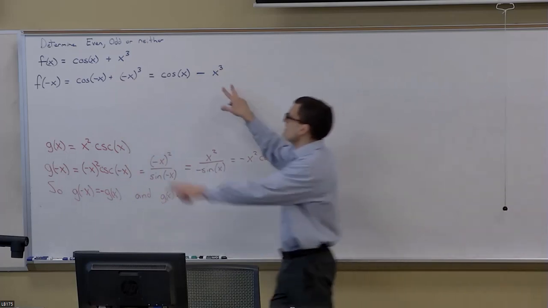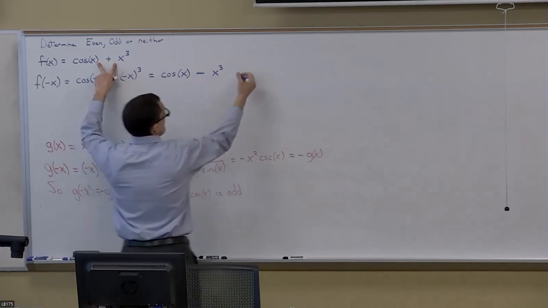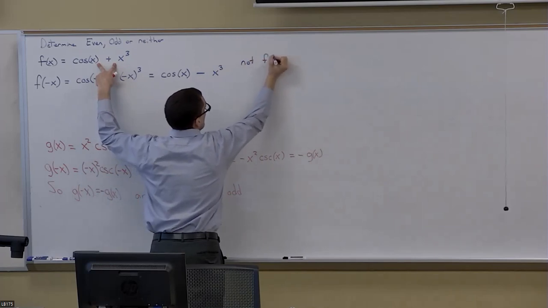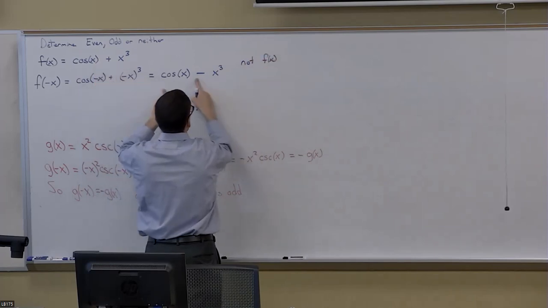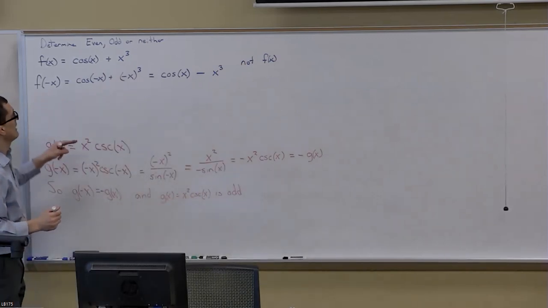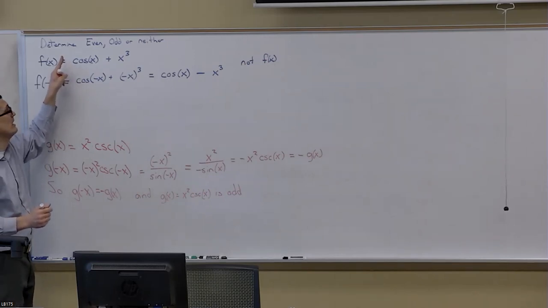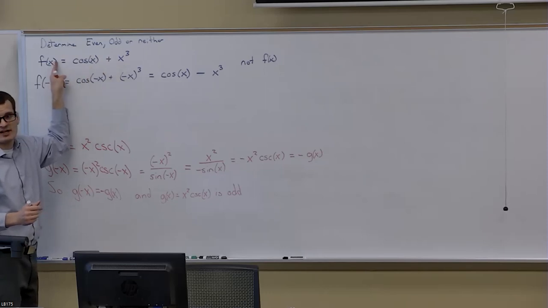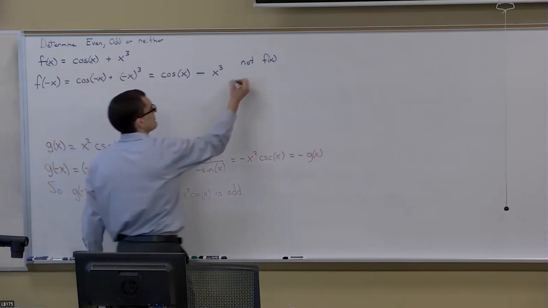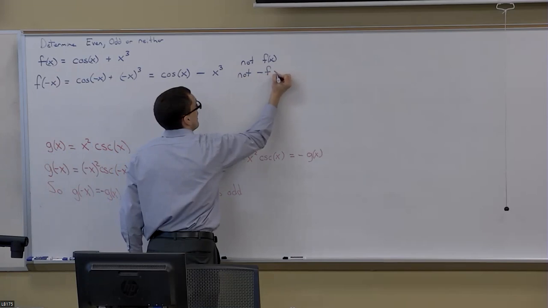Now you'll notice that this is not our original function. That would have been even if this was our original function. And it's also not the negative of my original function, because then both terms would have to be negative. So it's also not negative f of x.